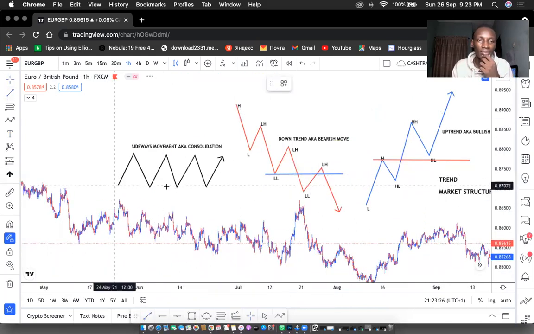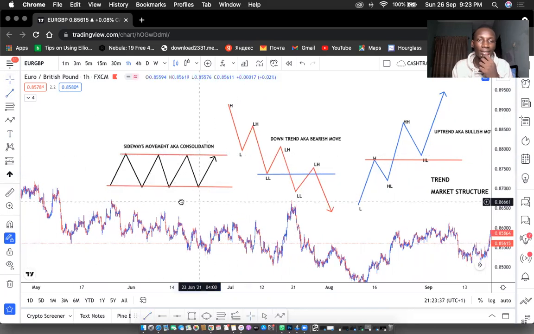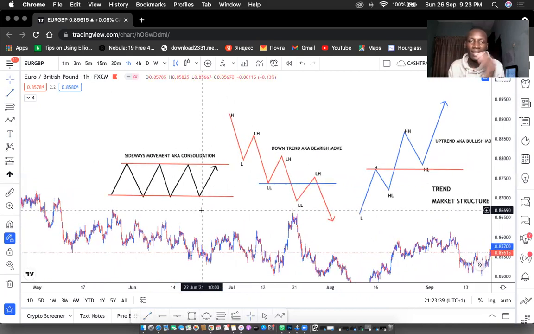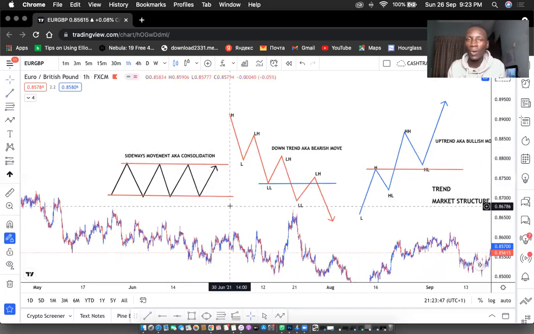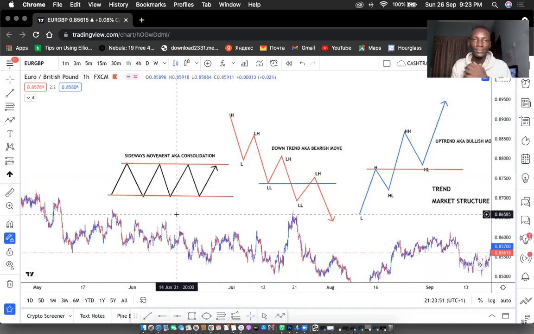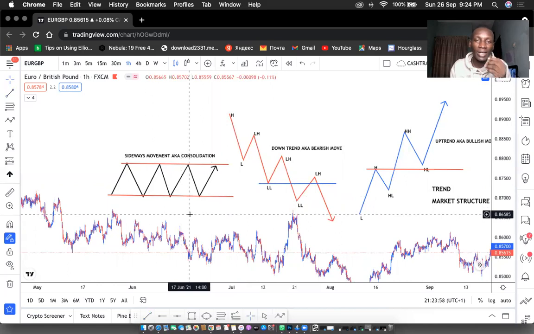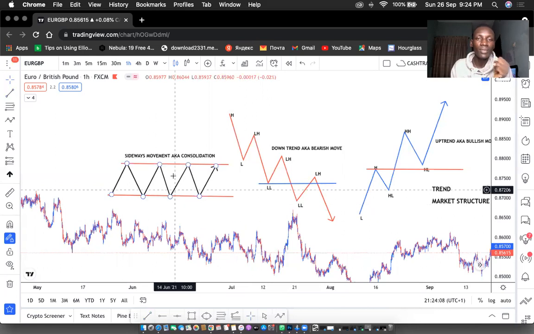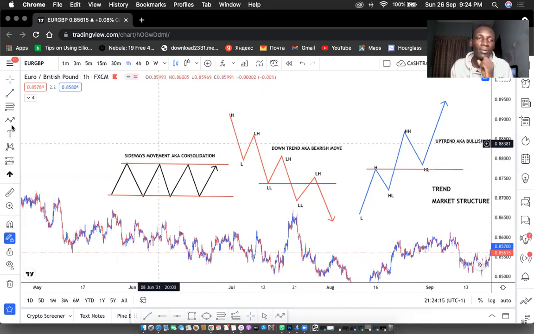When we talk about the sideways move, we have something like this and this, more or less like equal highs and equal lows. When you see this repeated pattern of equal highs and equal lows, one thing you have to realize is that price is moving sideways. Sometimes it might be coming down, but the move will be very, very short. And this sideways move is called consolidation. Are you following now?